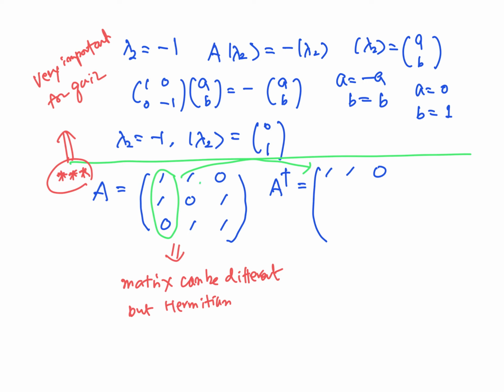And second column, second row: 1 0 1. Third column becomes third row: 0 1 1. Oh, voila! It's the same as the original matrix, right? So this is Hermitian.